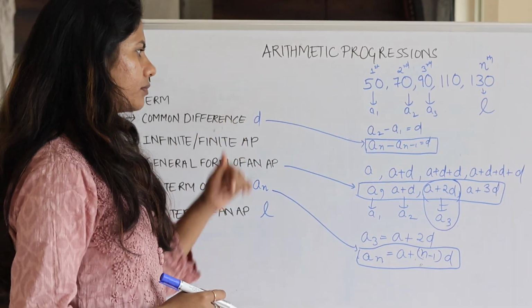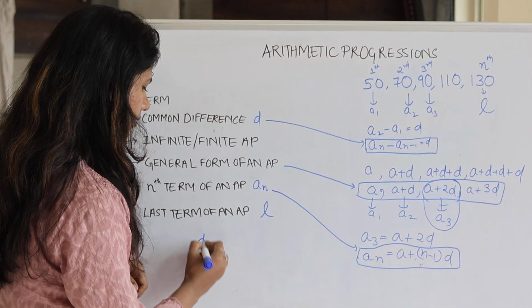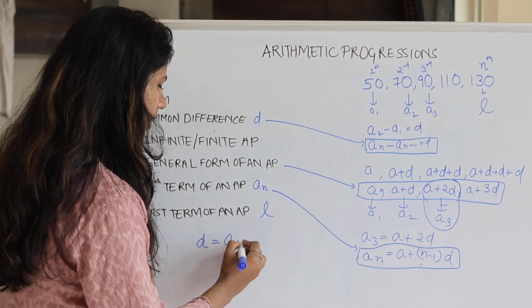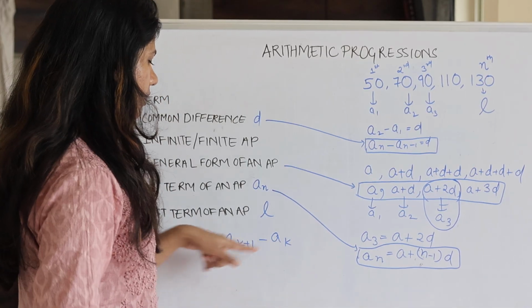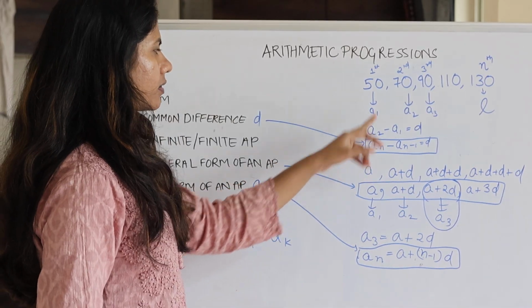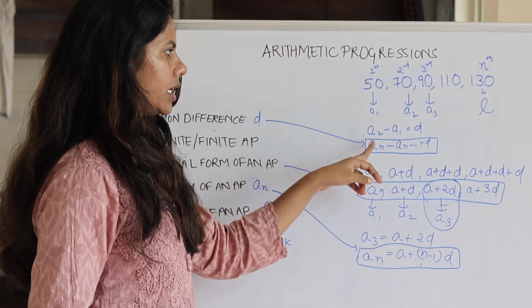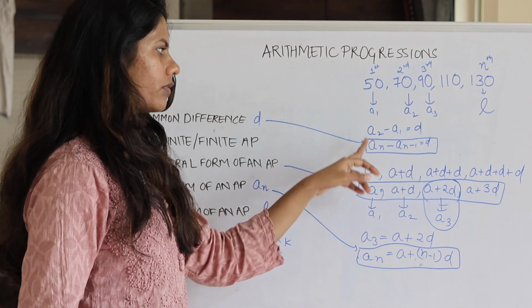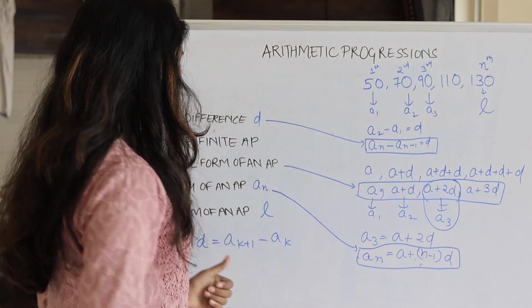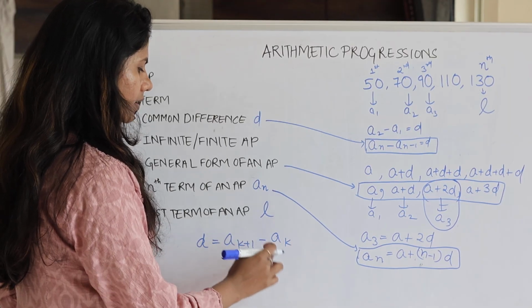One more thing I want to add is that in some textbooks the common difference D is mentioned as A K plus 1 minus A K. Don't get confused. Here, when we subtract, we are considering this as the nth term, and if we subtract the previous term from the nth term, we get D. But there they are considering this as the main term.